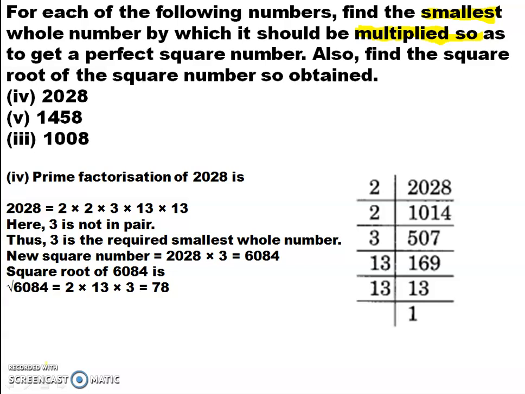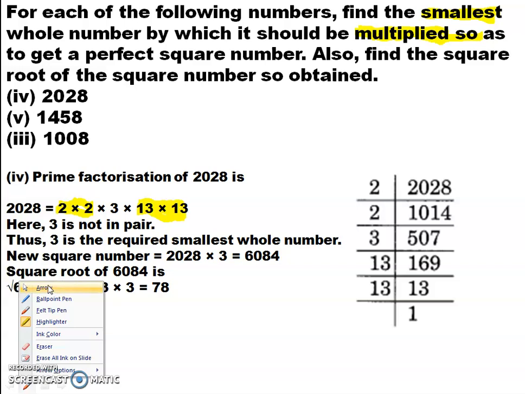Let's see here. 2 is having a pair, and 13 is also having a pair. No problem with that. But what about 3? 3 is not having a pair. So you can say that 2028 is not a perfect square number.